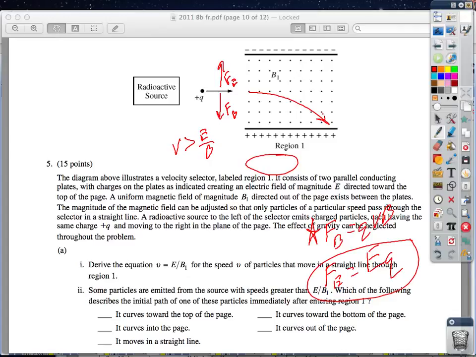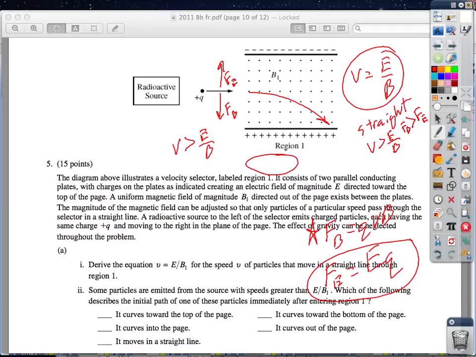Because what we're saying is when v is E over B, it's straight. If v is greater than E over B, then F_B is greater than F_E. If v is less than E over B, then F_B is less than F_E. That work?